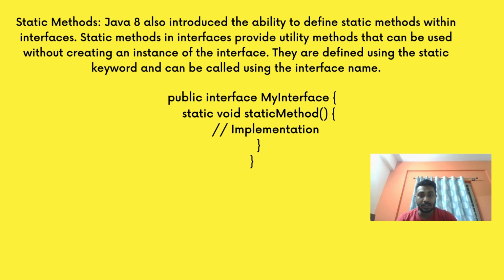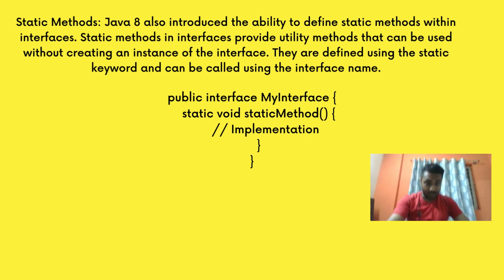So if we mention any method as static, we don't need to create an instance of that. We can directly use it. That is the benefit of the static method.